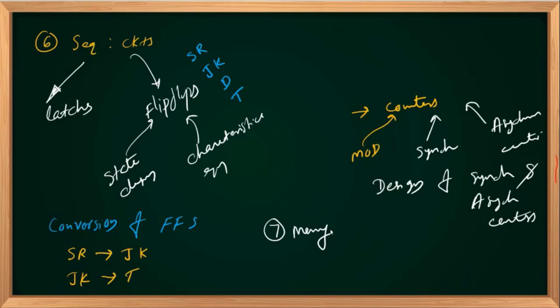Or the other way, if the starting address is given, what will be the ending address of that particular memory? And how to identify the number of locations, and also the number of address lines required to address a particular memory.